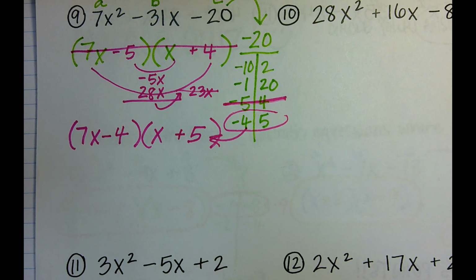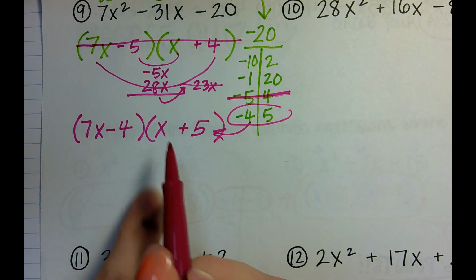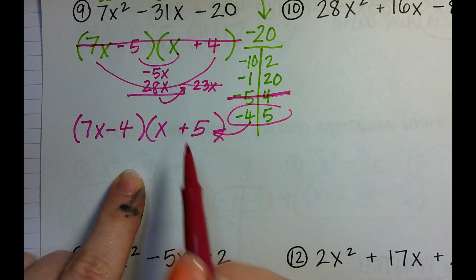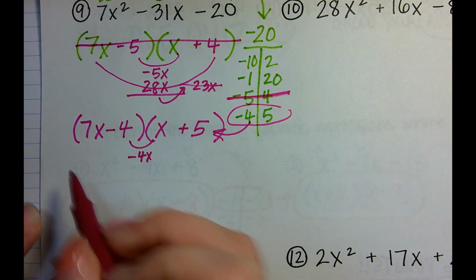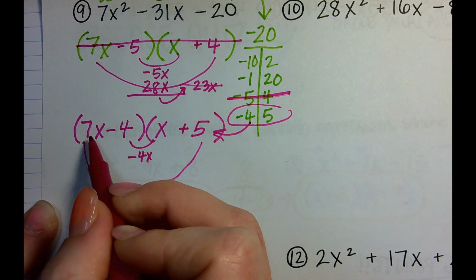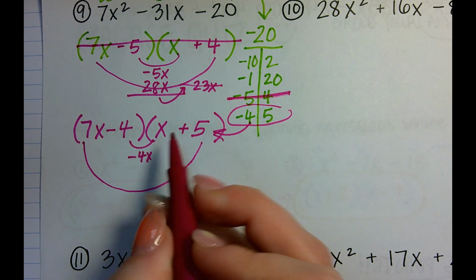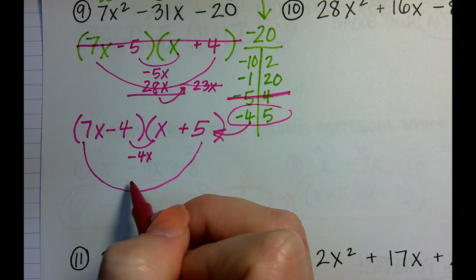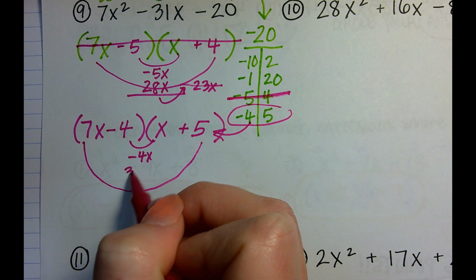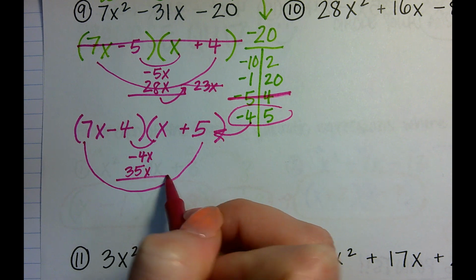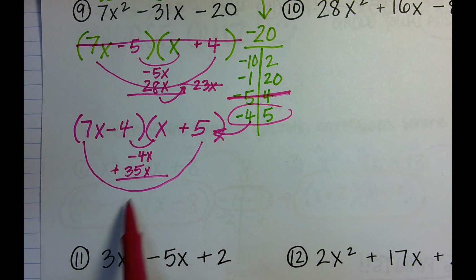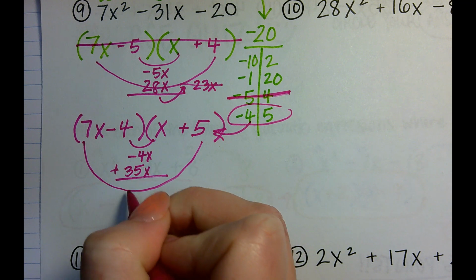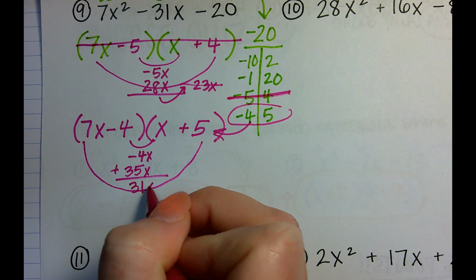Okay, let's see. That'll give us -4x, and 7x times 5 is what? 35x. So -4x plus 35x is 31x.